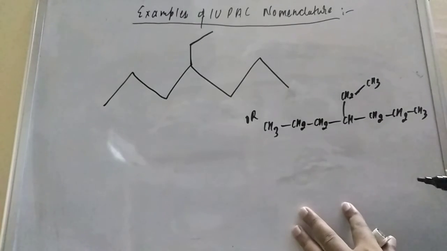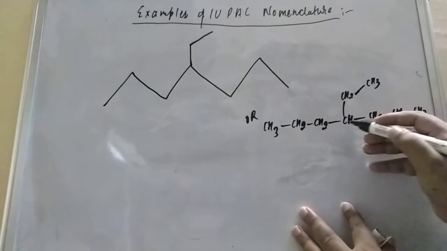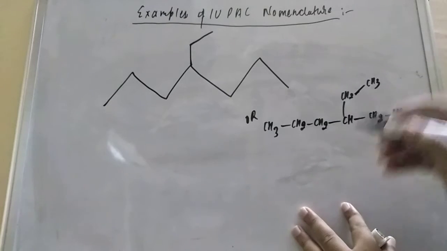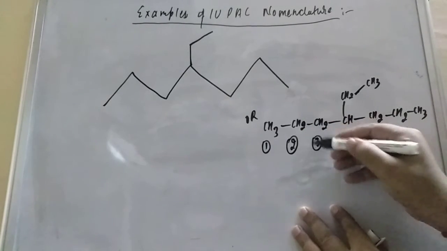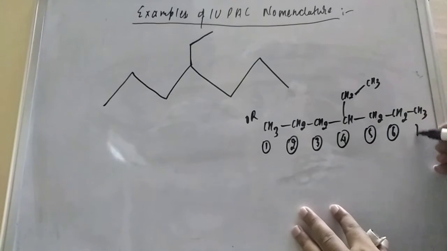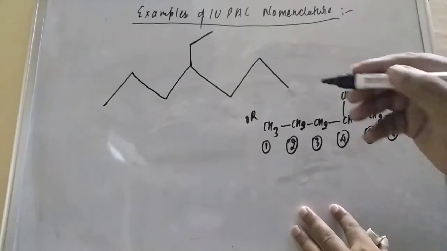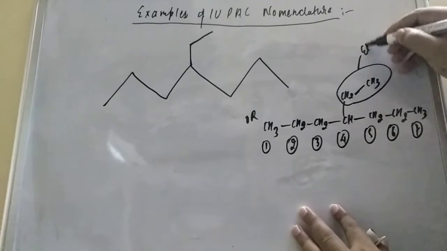Now, dear student, you can start numbering from any side. 1, 2, 3, fourth position either way. So 1, 2, 3, this is the 4th carbon, 5th, 6th and 7th carbon. So the total number of carbon atoms here is 7, and this group is known as ethyl.